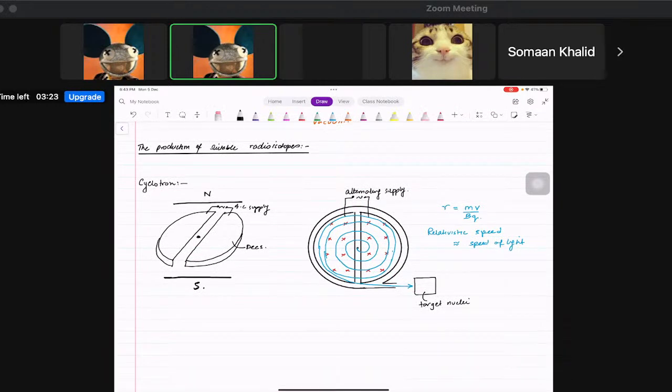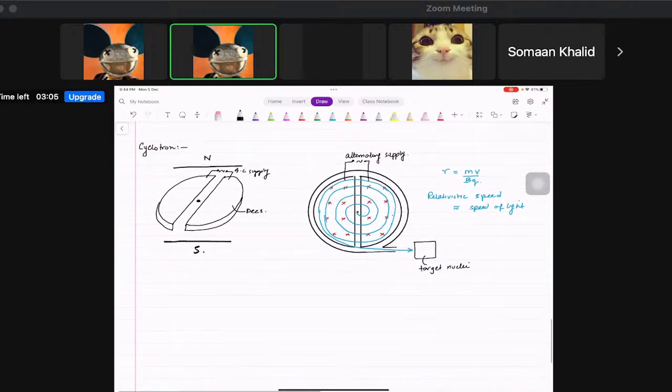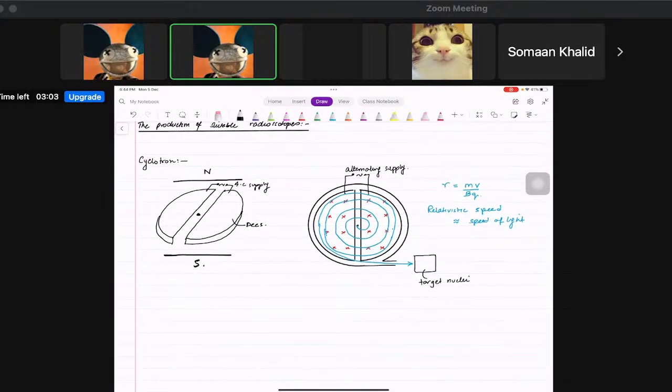So what you're going to write is that this is basically a cyclotron. This is 2 half Ds, and on top of it there's basically north and south.